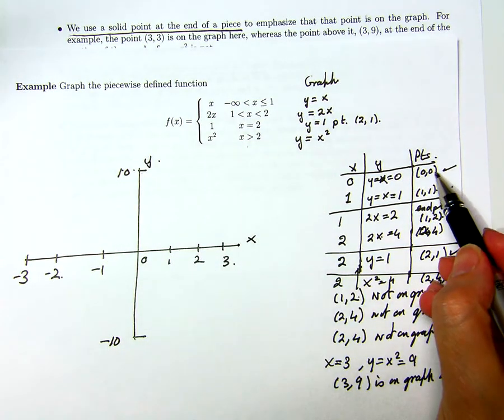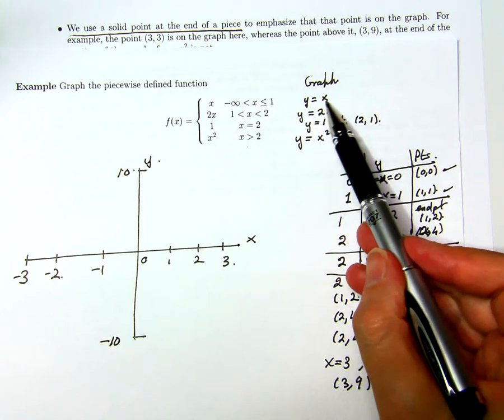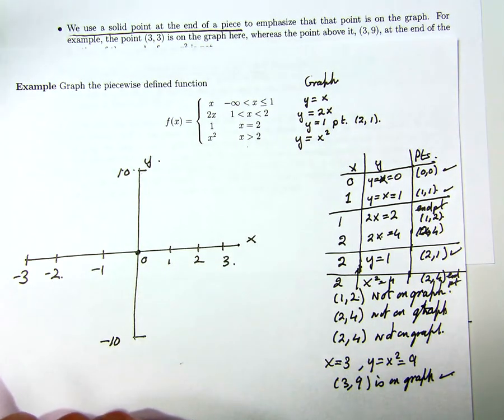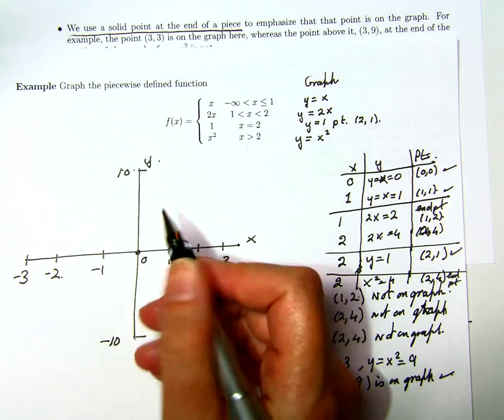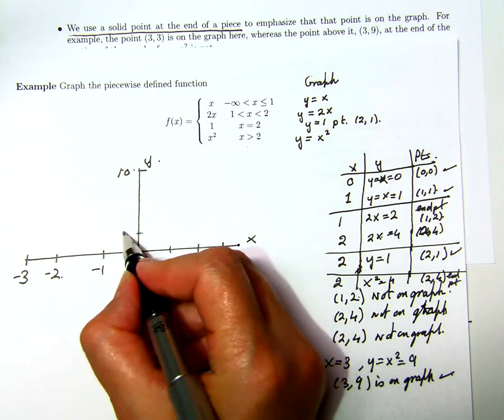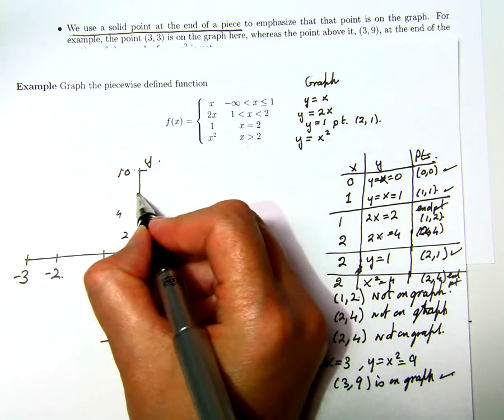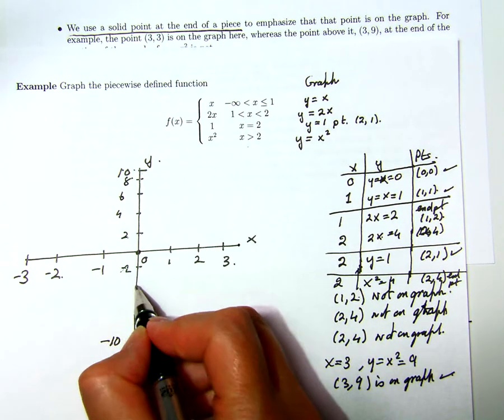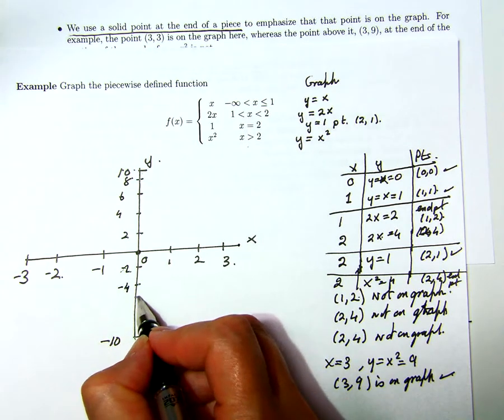Now for this first section, I have 2 points on the line y equals x, the point 0, 0, and the point 1, 1. And these 2 points are on the graph.